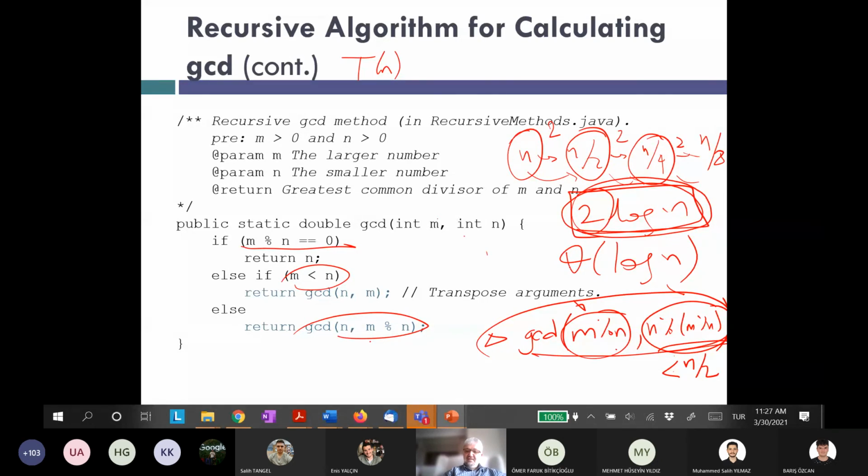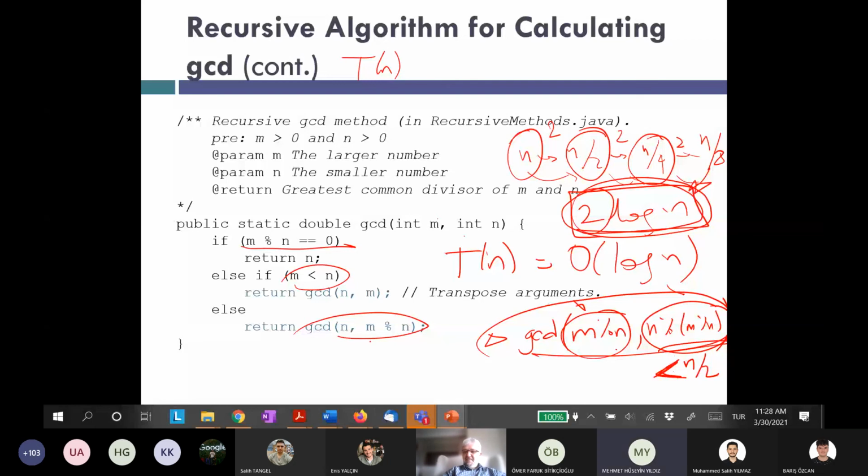Actually, not theta log n. It is O log n since it is less than that. It can be a lot smaller. Okay. The running time of this is big O log n. If I said theta log n, it is wrong. It is big O log n since this is the worst case. Right?